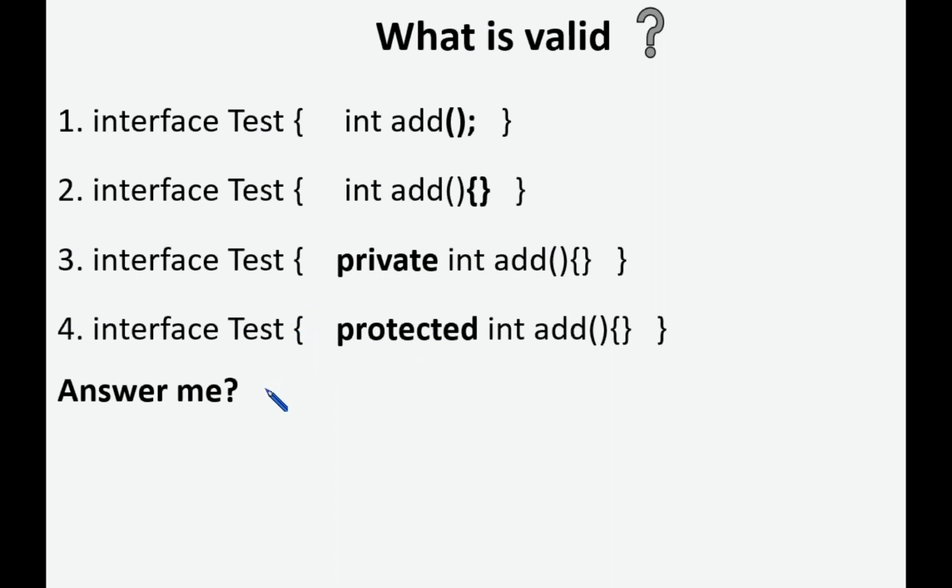In these 4 declarations, which is valid? Yes, the first one, with the semicolon. Suppose you give empty braces, what will happen? It shows an error. Similarly, private and protected access specifiers are also not allowed. So in all 4 statements, only the first statement is correct.